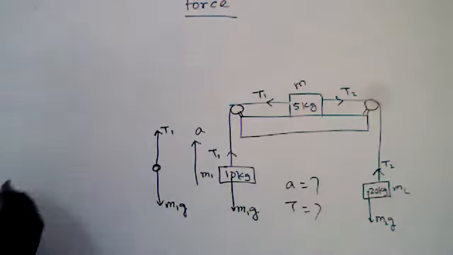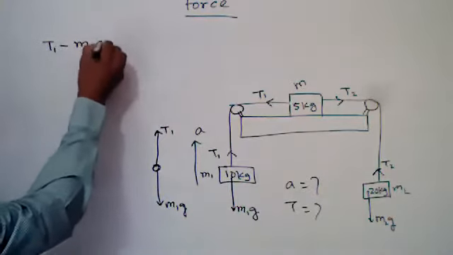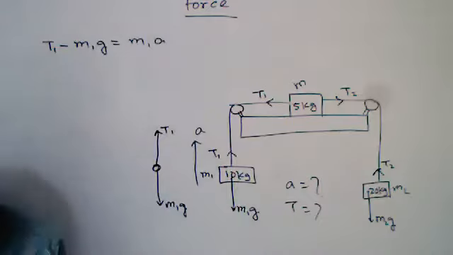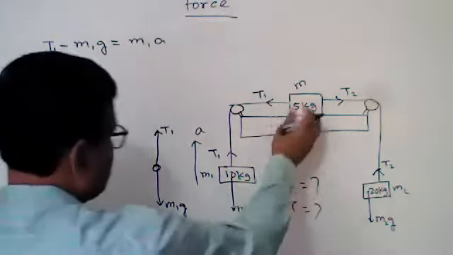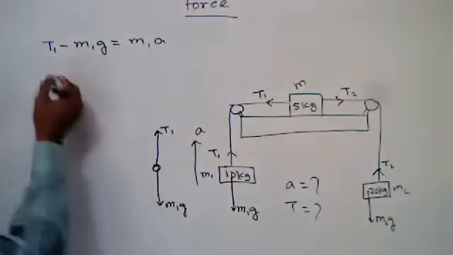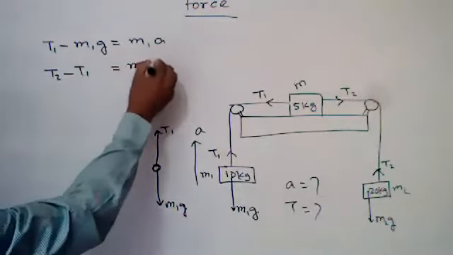So T1 minus M1G equals M1A for this portion. Now for this portion, the object moves in this direction, so T2 is greater than T1. So T2 minus T1 equals MA.